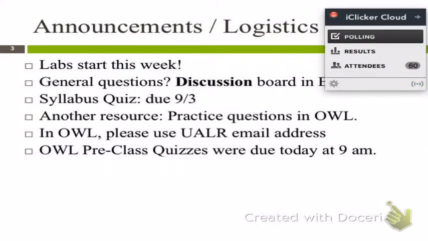So 15, 30, 45, an hour, hour and a half, whatever it is. You just enter how long it took you to complete the pre-quiz, the pre-class quizzes, if you got to complete those. So just type in a number, 15-minute increment, hit send. You guys a couple more seconds to enter that.